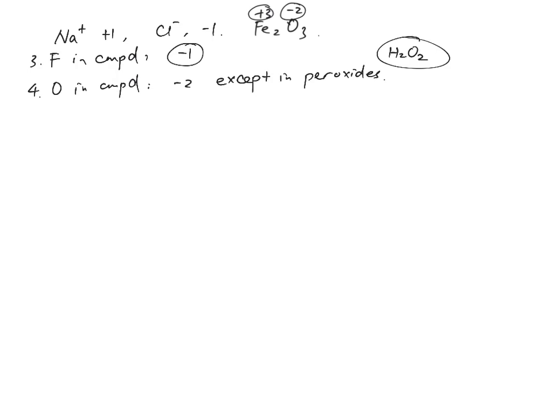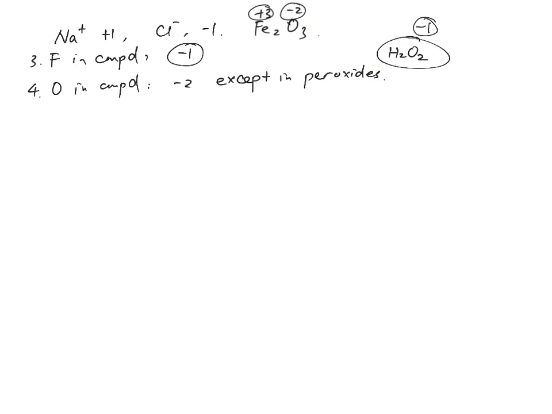This is hydrogen peroxide. This is the household chemical that you could swab on a scraped knee to kill germs. And in peroxides, oxygen would have the oxidation number of -1.